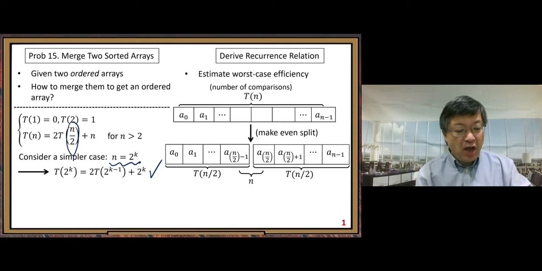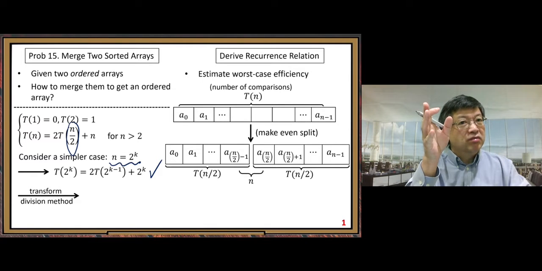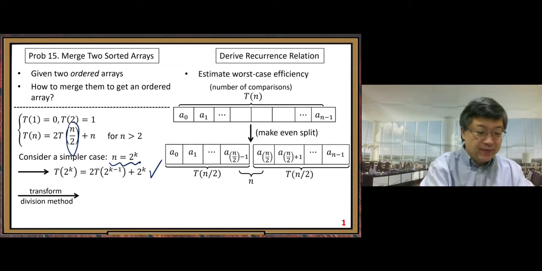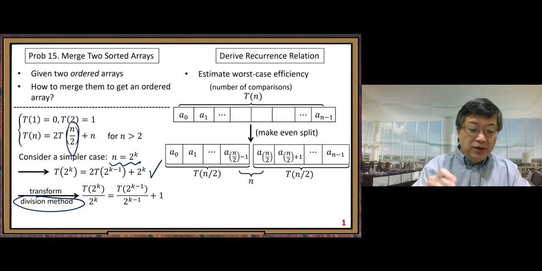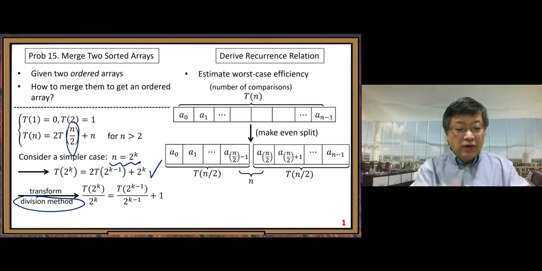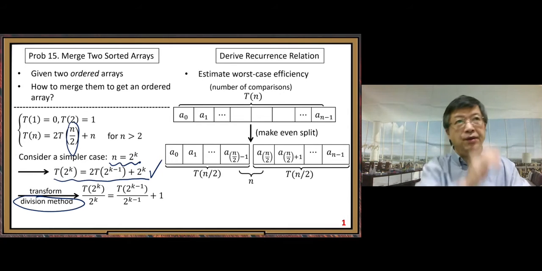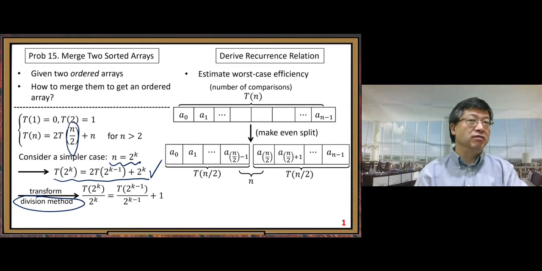So the next step, we want to do a transformation here using the division method. Why the division method? I divide this equation by 2 to the kth, both sides of the equation.